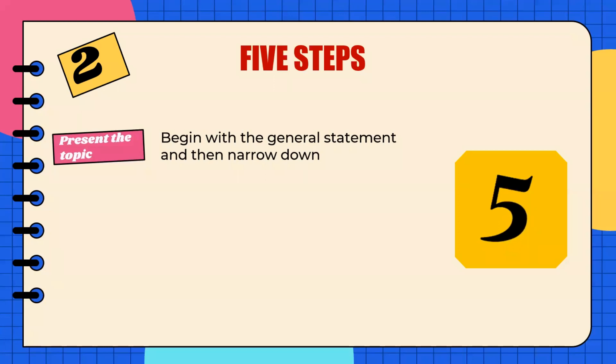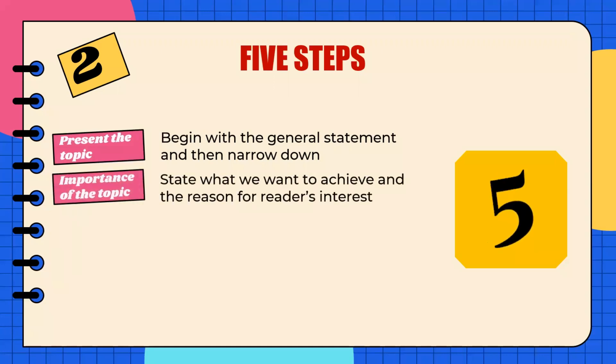When we narrow it down, we also see to it that it is manageable for us to conduct the research, and it is also manageable for the readers to understand the research. And of course, we should be able to test the research and give evidence about a claim about the particular topic. So once that is done, we need to give the importance of the topic.